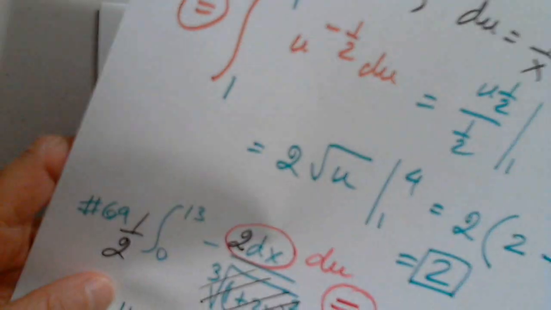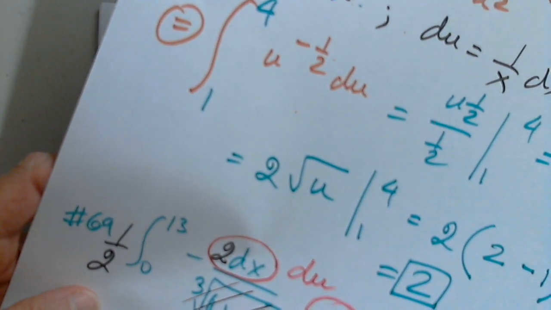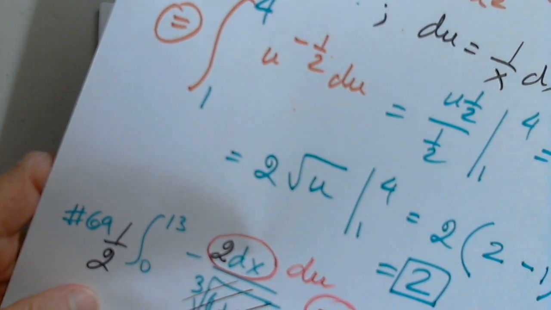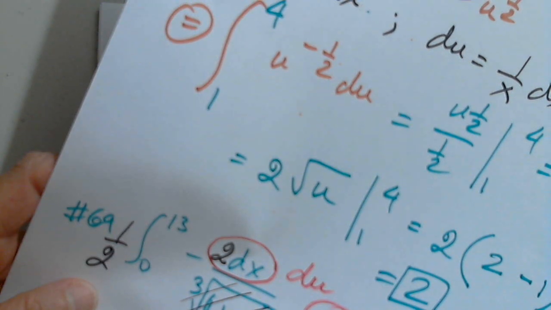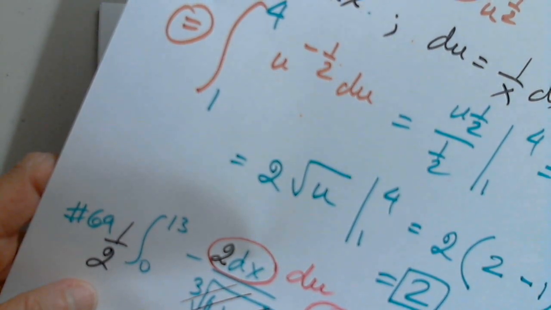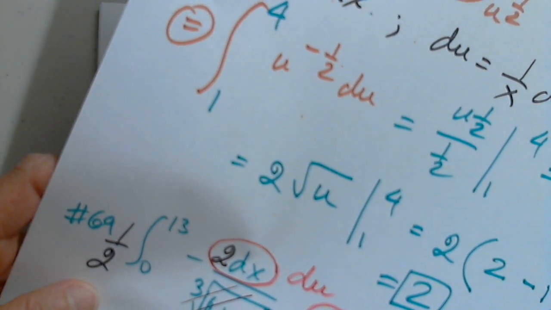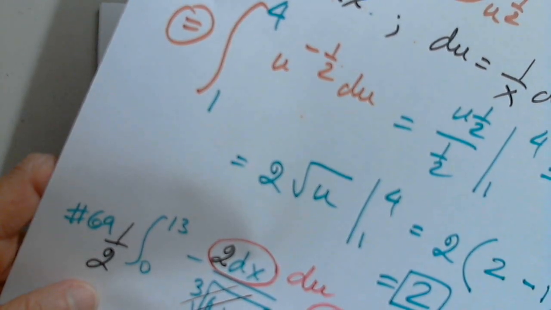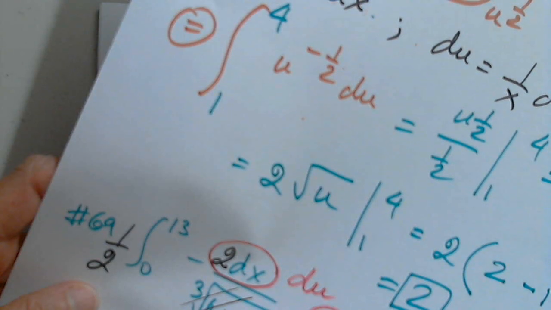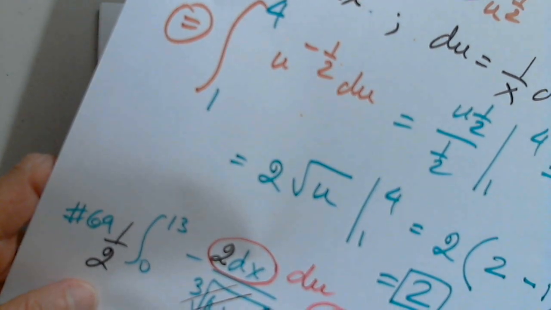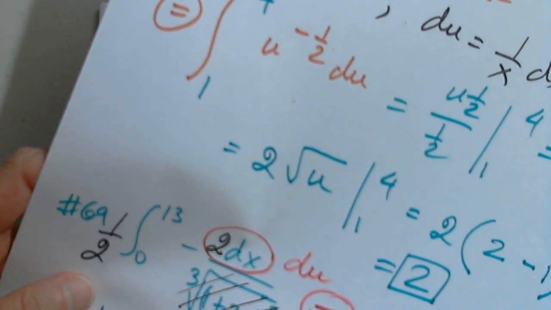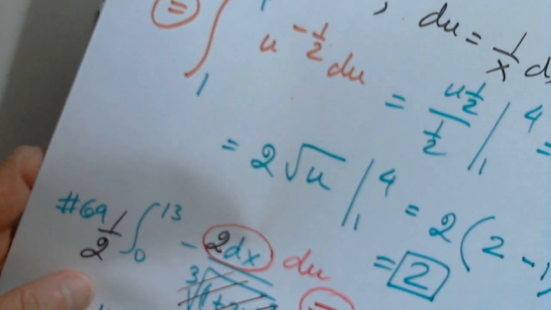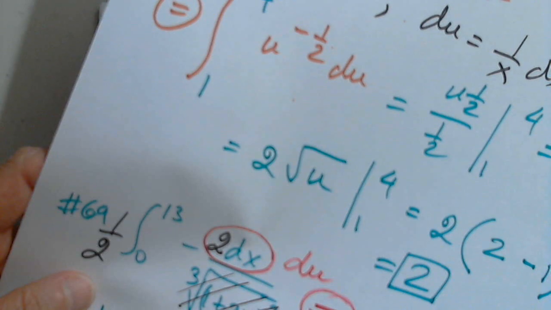It was the integral from 0 to 13, and that was negative 1 over, how do I write this? 1 plus 2x. You use parentheses in the power 2/3. Yes.